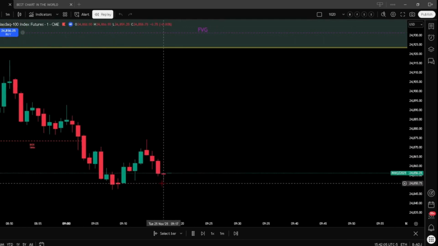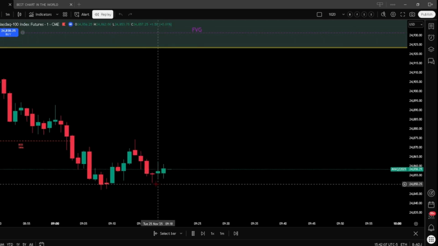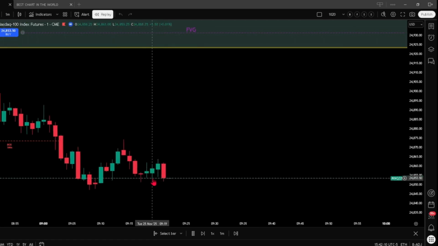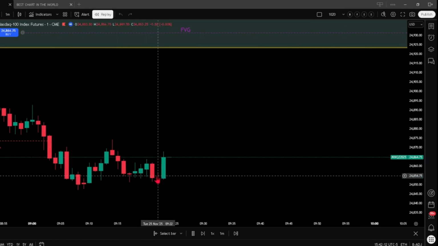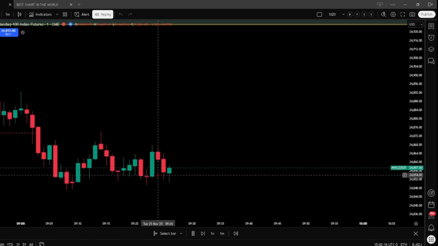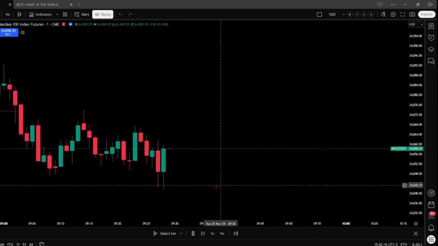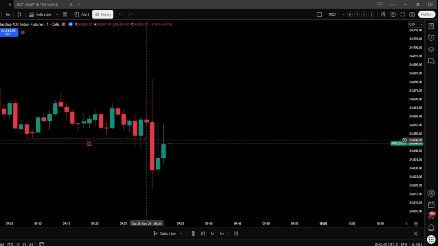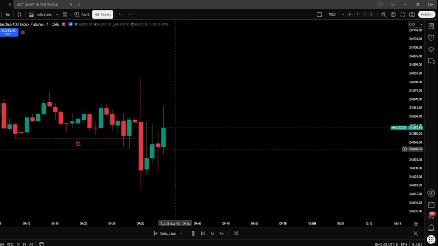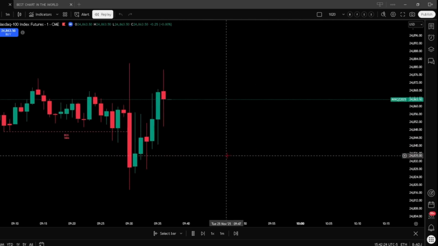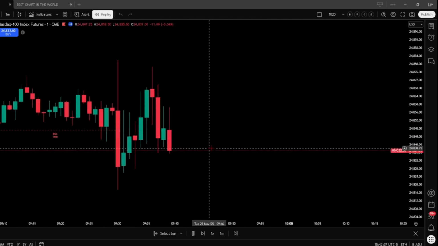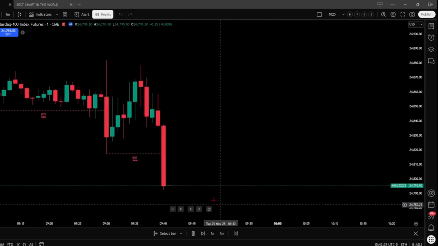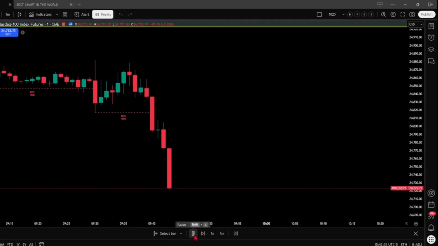And we're coming into the open, and there'll be a move here in a minute one way or the other that will create a fair value gap. Okay, we broke structure, we pull back, okay, we have a fair value gap.